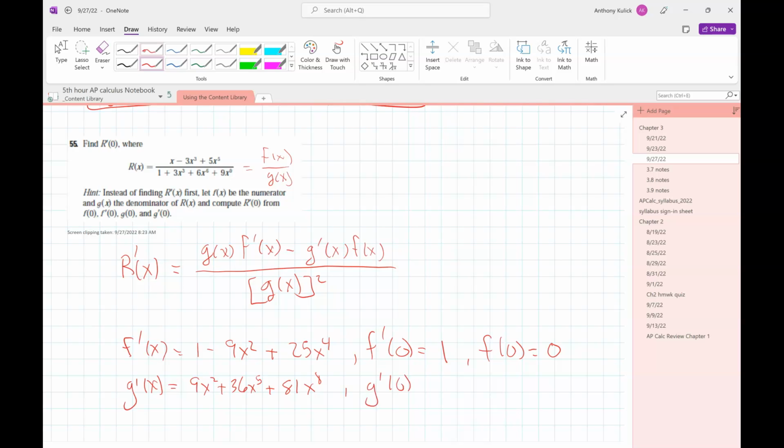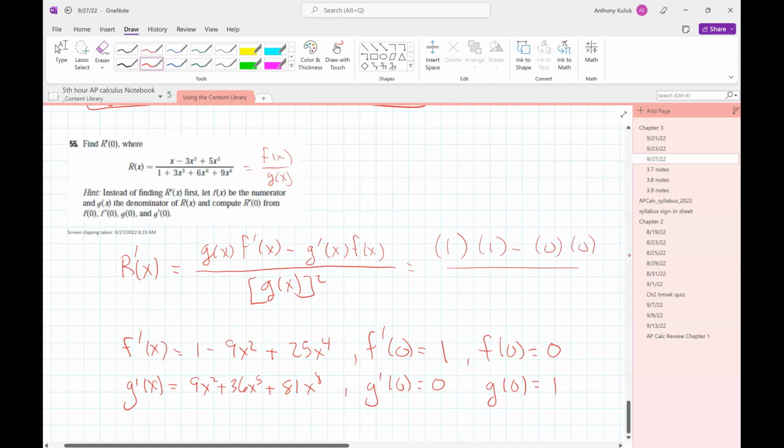So g prime of 0 is 0, and g of 0 is, I'm sorry, 1. So if I fill everything in now, I have 1 times 1 minus 0 times 0 over 1 squared. So it's just 1.